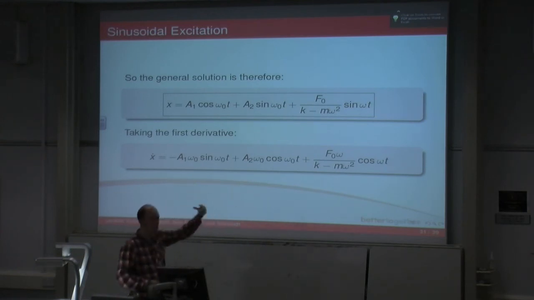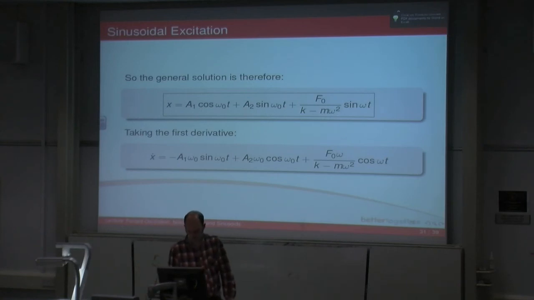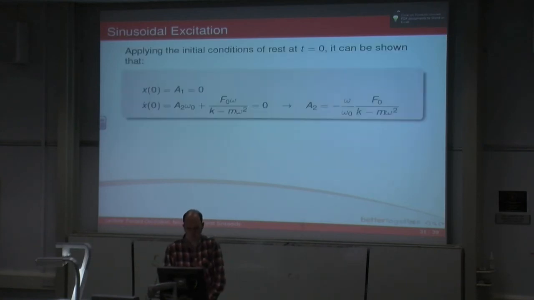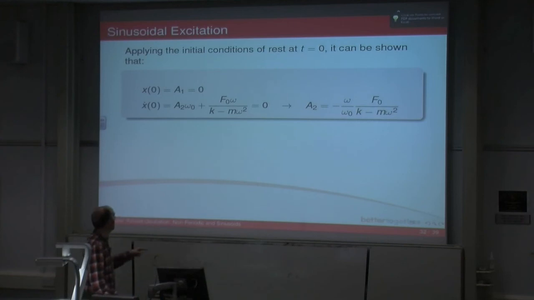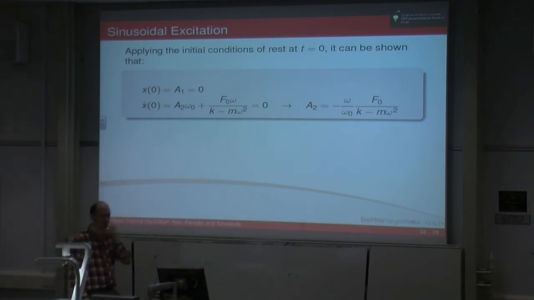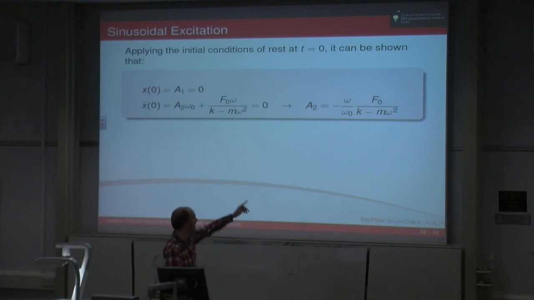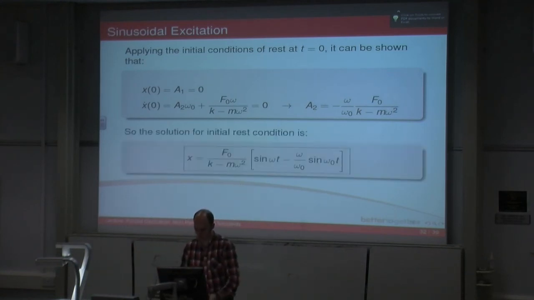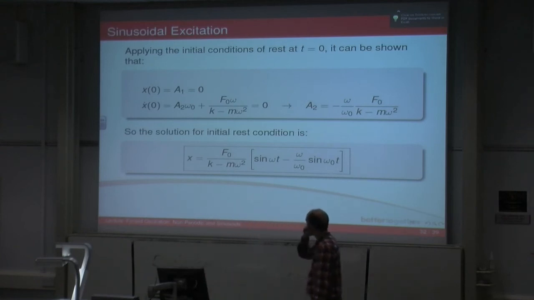So we have A1 must be 0. And you do the same thing for the velocity. Sine of 0 is 0, cosine of 0 is 1, and then obviously the x_p bit had a cosine omega t term, so that becomes 1. So you end up with this equation, and you can find a solution for A2, and you end up with this funny thing over here. You plug them into the solution, and you end up with this equation.